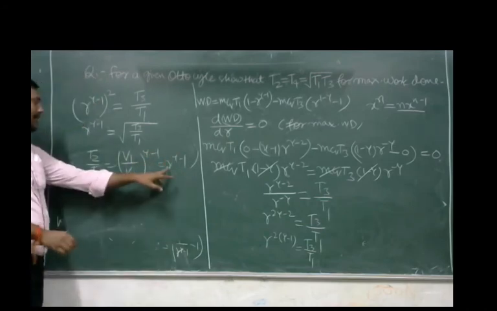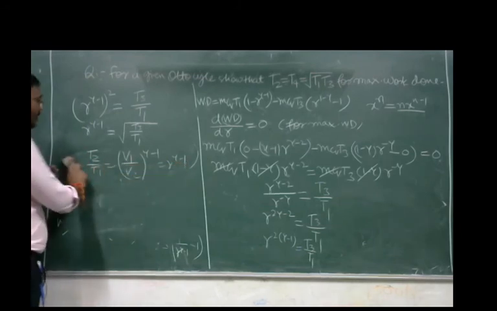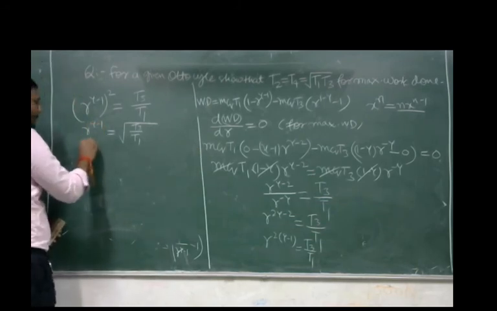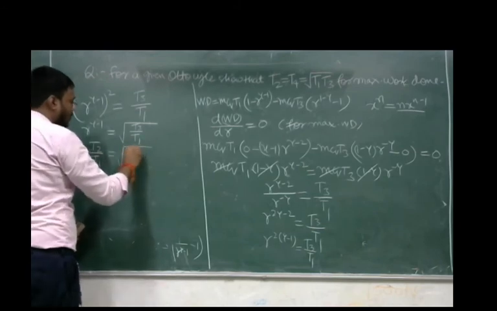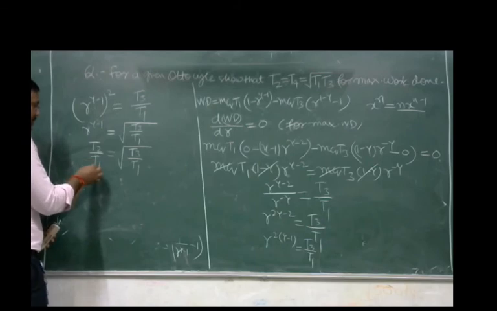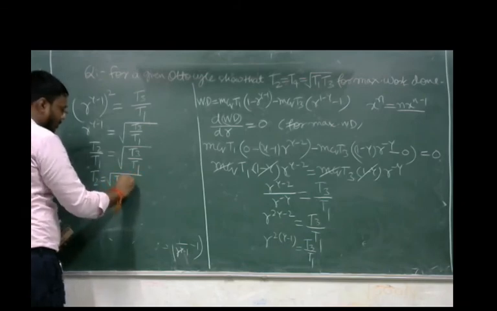So put here T2 by T1 in place of R to power gamma minus 1, equal to under root T3 by T1. So here we get T2 equal to under root T1 T3.